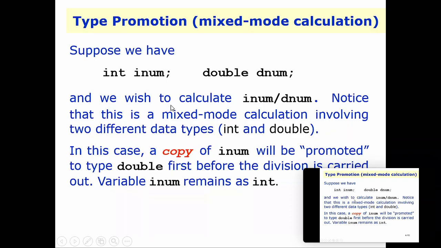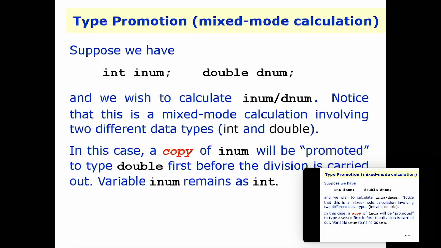Then let's move on to the typecasting, cast operation. So now, let's suppose that we have integer variable inum and double dnum right here. Then you're going to do the operation like inum divided by dnum, or you can have inum times dnum, such operation.